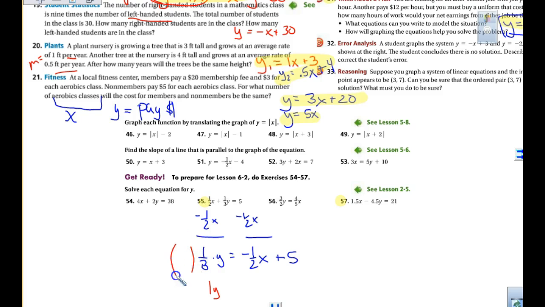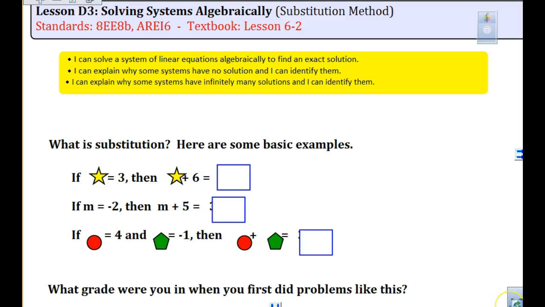The easiest way to do that is to simply multiply by its reciprocal. And I want to do that by every single term. So as I do that, 1y is going to be equal to 3 times negative 1/2, which gives us negative 3 over 2x. And 3 times 5 gives us the plus 15. So keep this assignment out, and we're going to go to your notes.